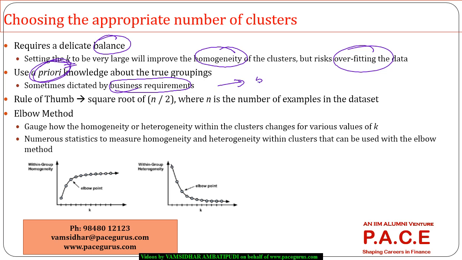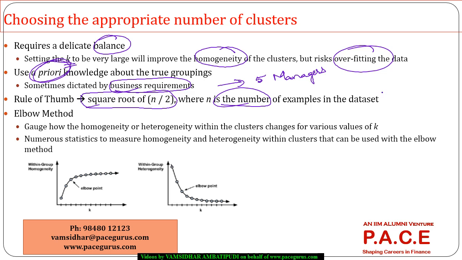Let's say you have 5 managers to do the job. Then I probably require 5 clusters, so that each cluster is assigned to a specific manager. So in some cases, my number of clusters could come from a business requirement. But I'm not going with this bluntly; there is a rule of thumb which says go with the square root of n by 2, depending on the number of examples in the data set.